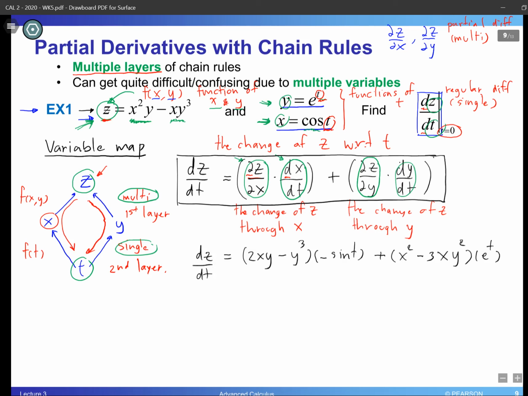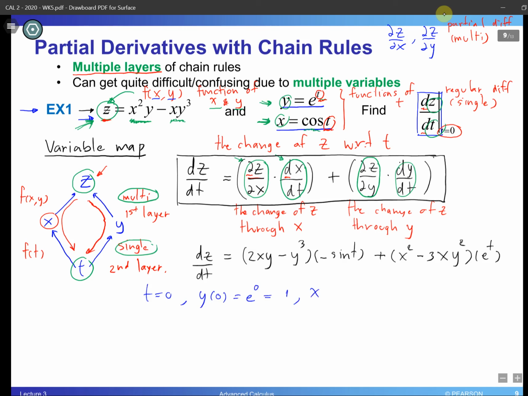And now they want to find this dz by dt at t equal to 0. So let's find t equal to 0. So put this condition in, t equal to 0, then find out what happens. Then y at time equal to 0 is going to be e to the power of 0, and that is equal to 1.